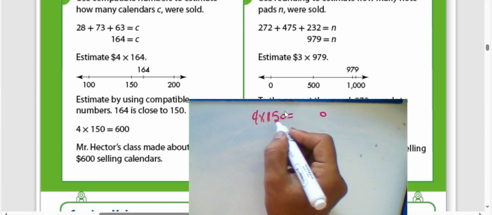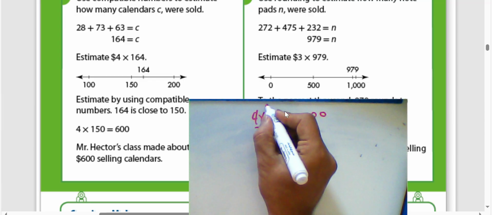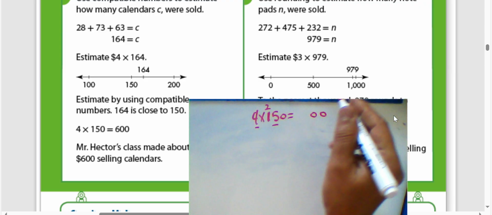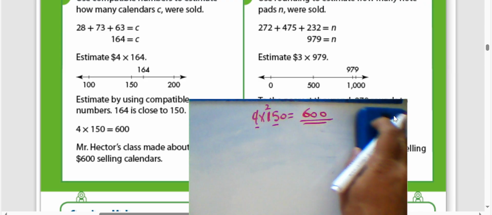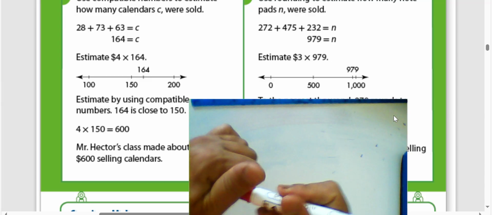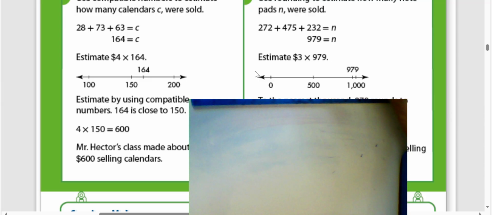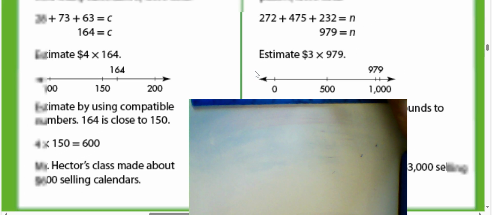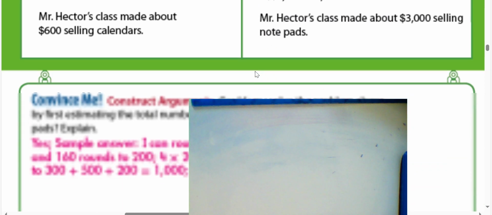We must write 0 here, then 4 times 5 is 20, write 0 and carry 2. 1 times 4 is 4, plus 2 equals 6. The result will be 600. Okay, next question.